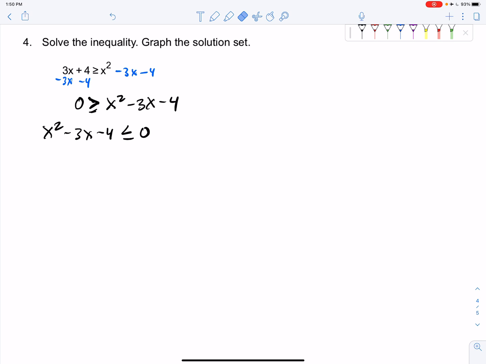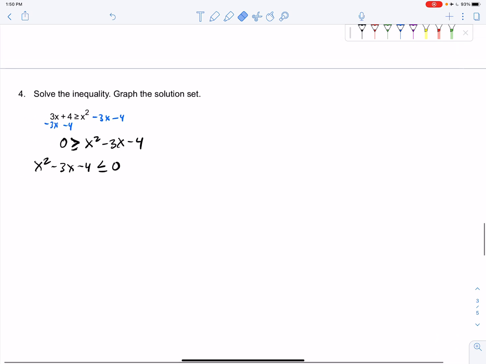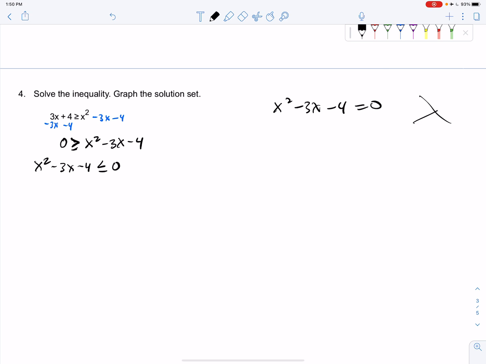And now the question is, will that factor to find our critical points? And let's see that we've got x squared minus 3x minus 4 equals 0. What multiplies to negative 4 and adds to negative 3? And I think x minus 4 times x plus 1 will do all of that. We set the factor equal to 0, x equals 4.